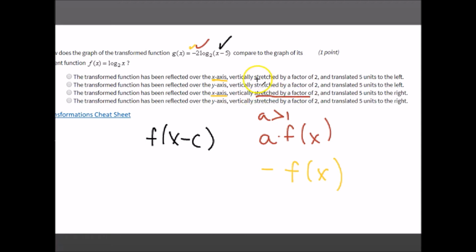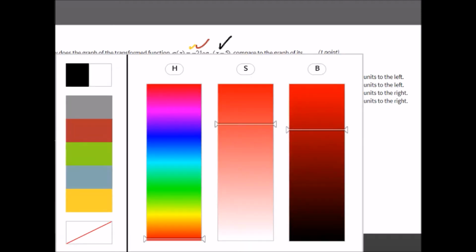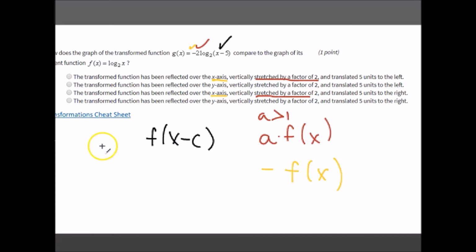We weren't able to distinguish anything from that. Now finally, the last thing, the x minus 5 piece. If we look at f of x minus c, that says that we are moving right 5 units. Okay, so I'm going to pick answer choice C there.